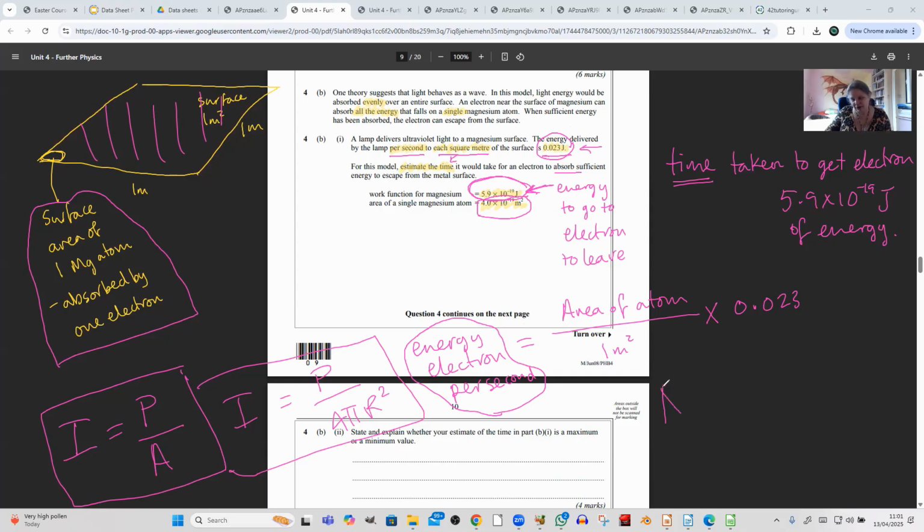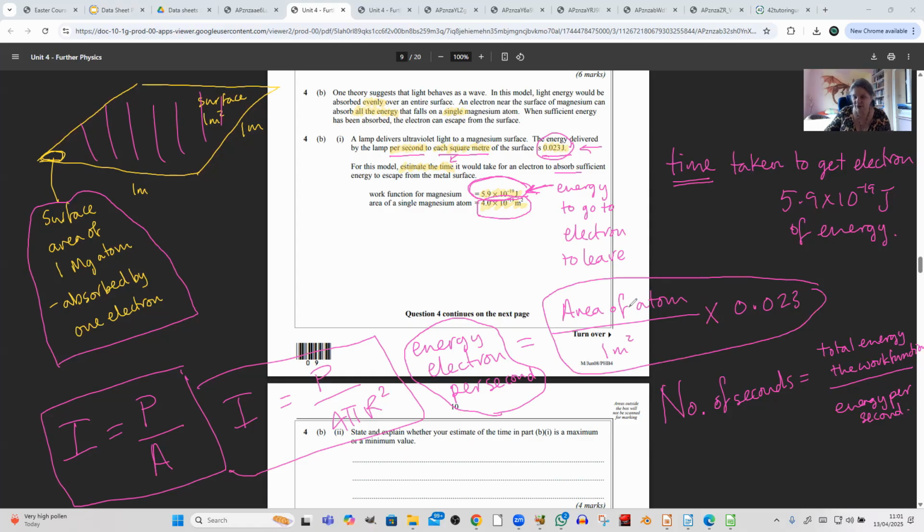Okay, so the number of seconds is going to be the total energy required, so that is the work function, divided by the amount of energy coming in 1 second. So the energy per second. Can you see? This is a hard question. So there is my energy per second.